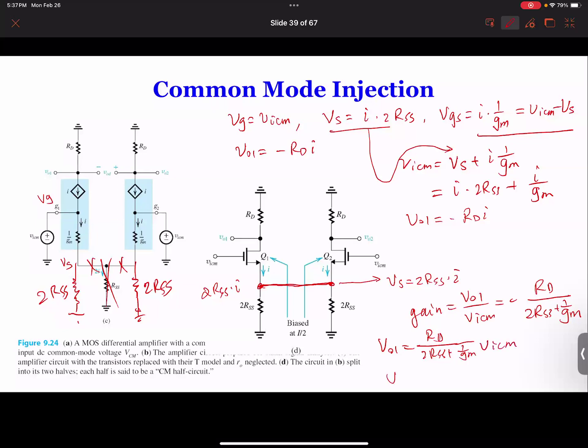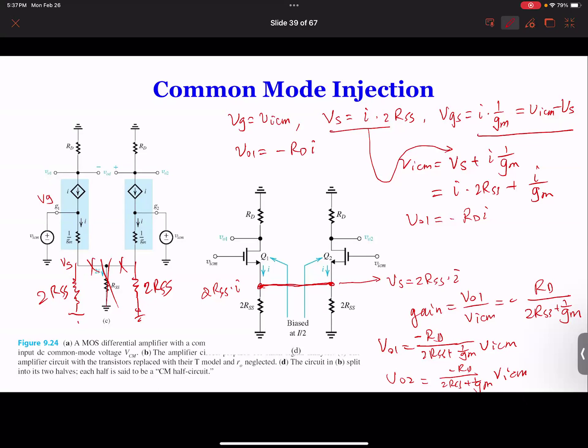And similarly, we can write VO2, there's a minus sign, sorry. VO2 can be written as minus RD divided by 2 RSS plus 1 over GM times VICM. So in this case, apparently if you take VO1 minus VO2, you will get a 0, right?